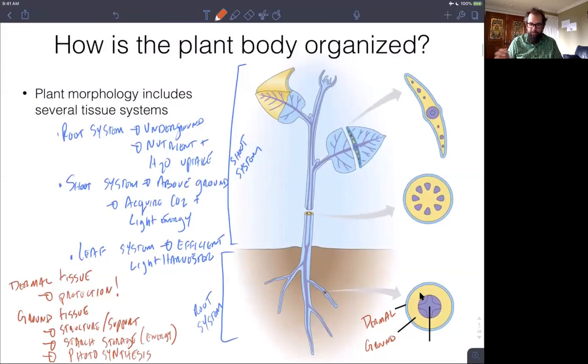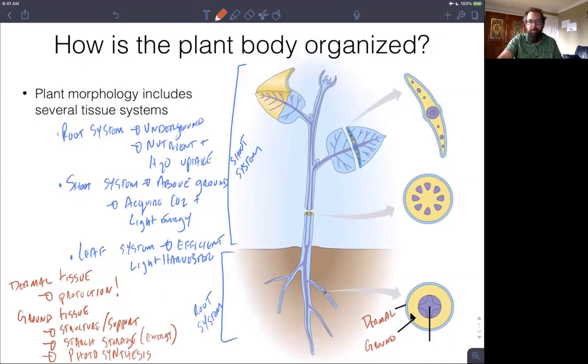Okay, and that's all the yellow throughout the plant. We've got ground tissue in the leaves, we have ground tissue in the above ground shoots, and of course we have ground tissue in the below ground roots. All for structural support, storing starches, and for performing photosynthesis in the above ground parts of the plant.